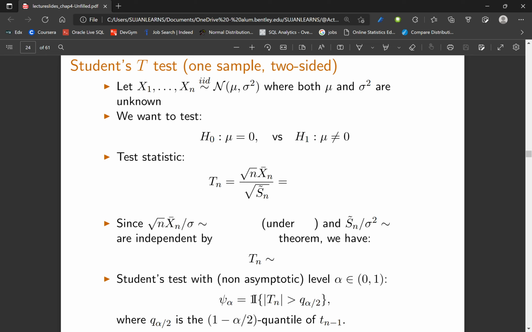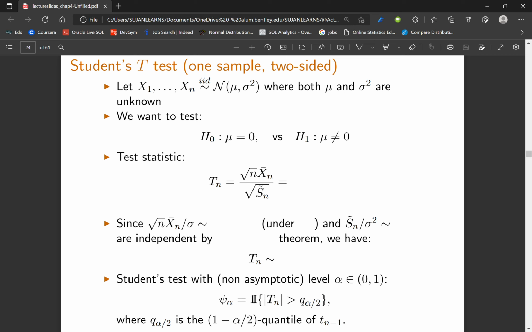We'll do a deep dive to understand how we can do one-sided versus two-sided tests for a student's t-test distribution. How can we do that? That's what we're going to do.